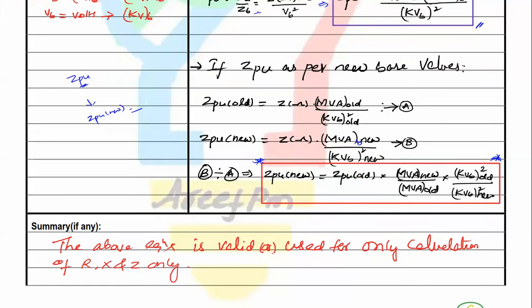The conclusion is that the above equations are valid only for calculations of R, X, Z. That means we can replace this with R. Suppose I write X per unit new is equal to X per unit old into MVA base new divided by MVA base old into KV base old square divided by KV base new square. Like this, you can use the same formula for R also, for finding the per unit resistance.